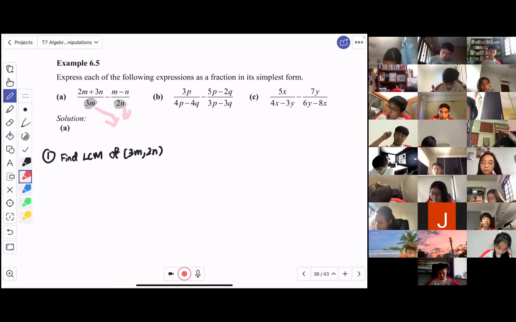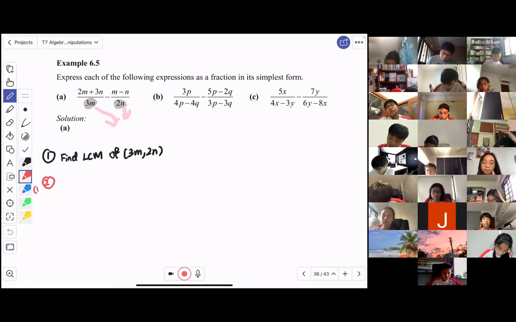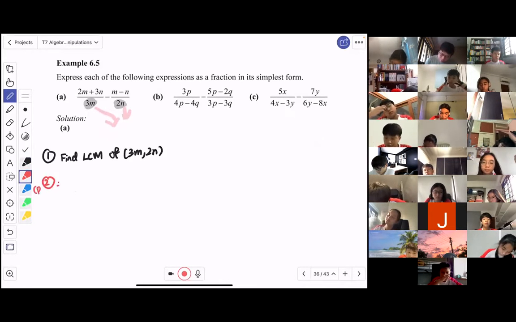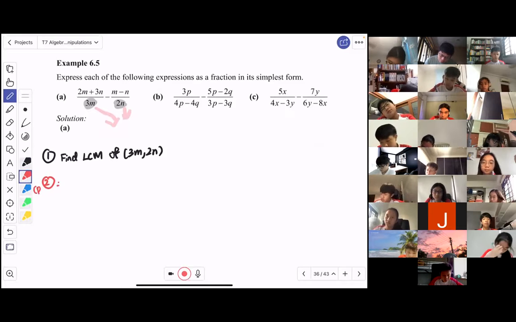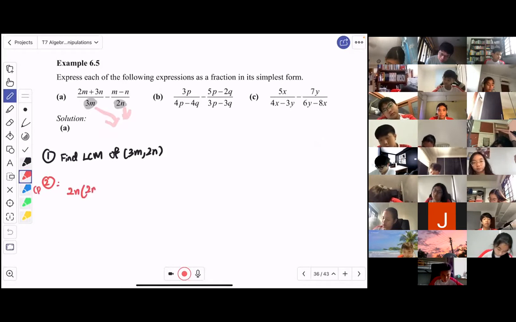Checkpoint 2: you try to have something like this.